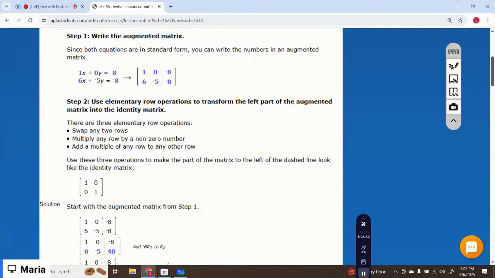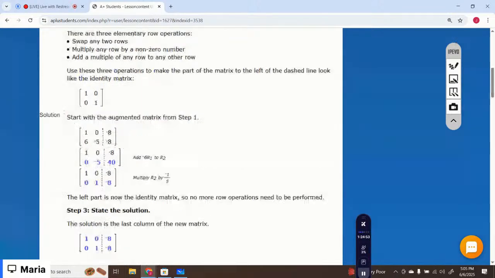So let's perform the operations. You need to add -6 R1 to R2. We multiply row 1 by 6 and then subtract it from row 2. So then we have 0 here and then -5 here. So you need to multiply R2 by -1/5.